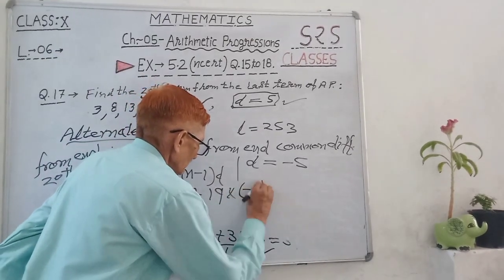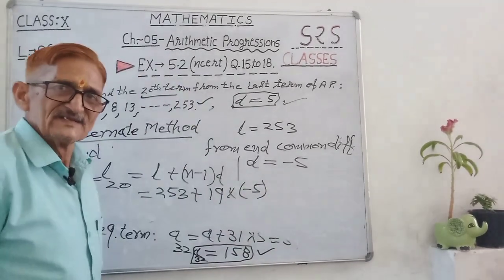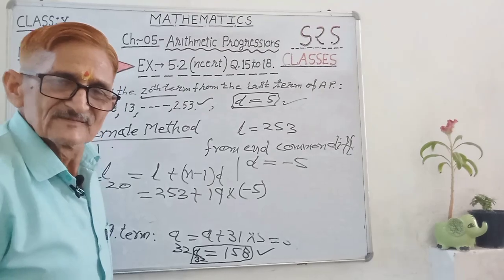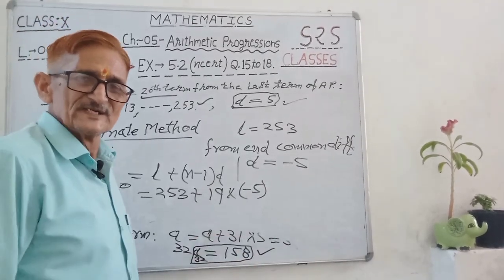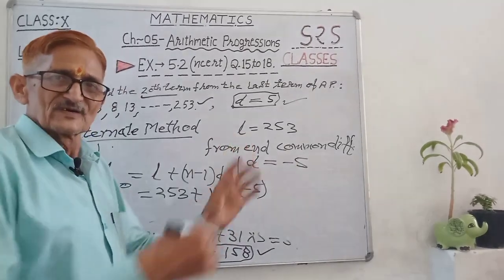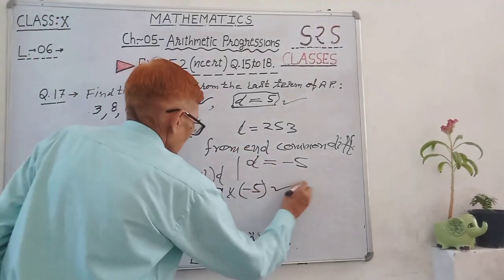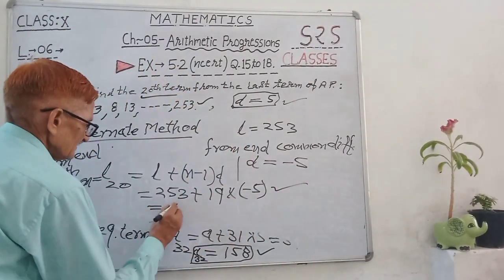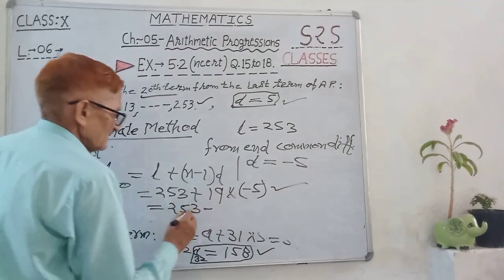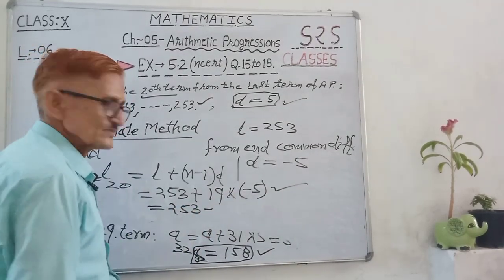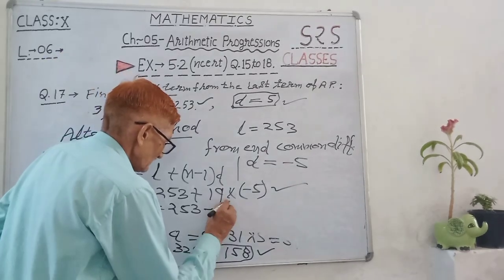From the end, D will be the opposite sign of what it is from the beginning. If the beginning D is negative, then from the end it is positive. Reverse process. Okay? Then this is the alternate method. You can solve: 253 and then minus 19 times 5, which is 95.